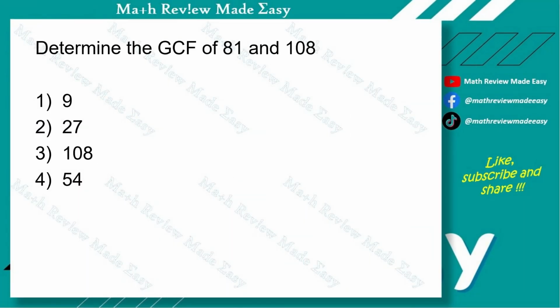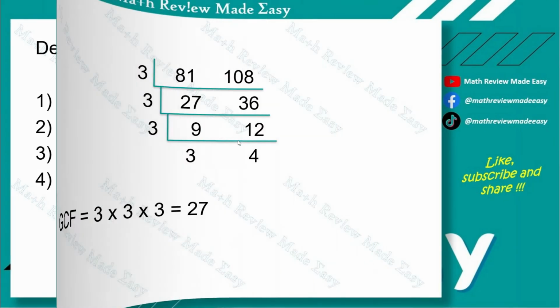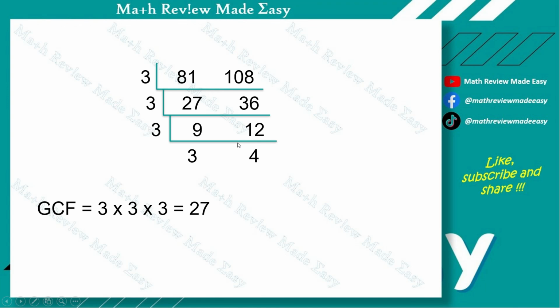Another example, determine the GCF of 81 and 108. Again, let's pause para makapag-solve muna. Now, continue. Ano ang ating answer? So, ang kanyang GCF. So, determine a common factor.